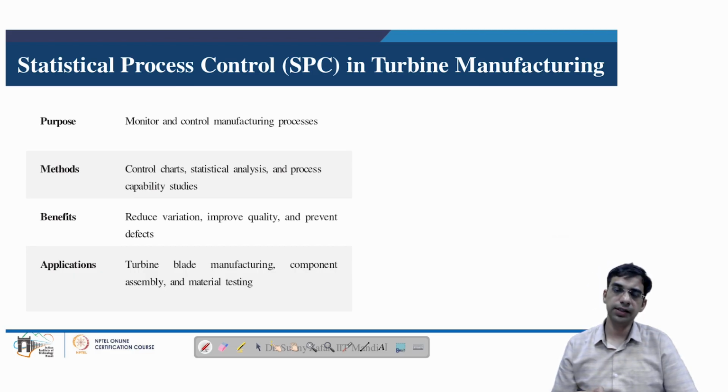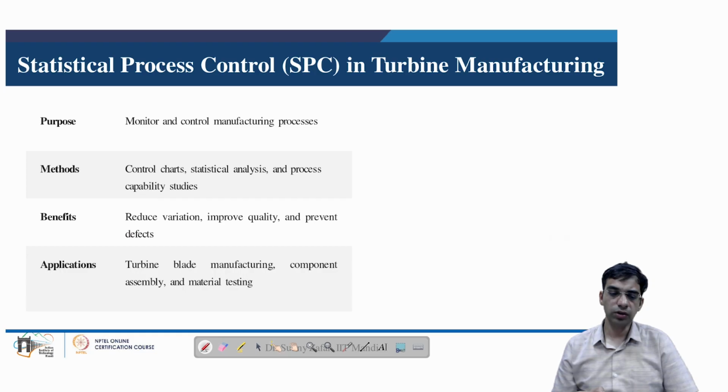And then there are reasons which are known as non-assignable causes, or reasons which keep the process statistically stable, and whatever the variation in the dimensions of the components produced, they are well within the tolerance limit. So by use of statistical process control using run charts, control charts, etc., we can monitor and control the manufacturing process of the turbines.